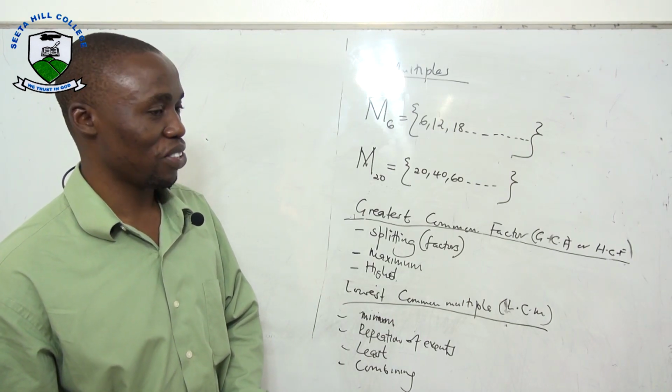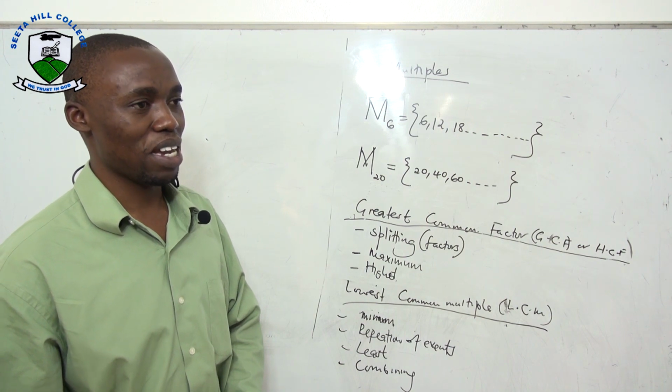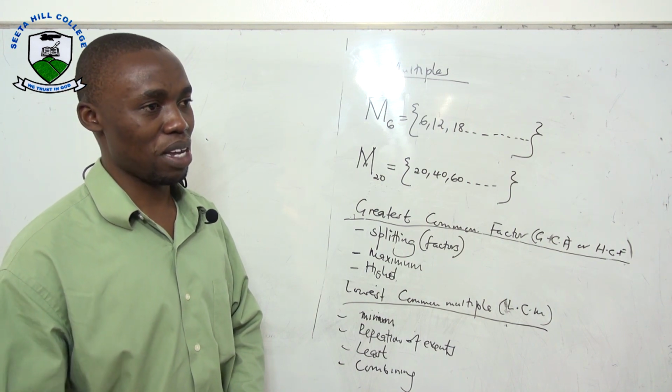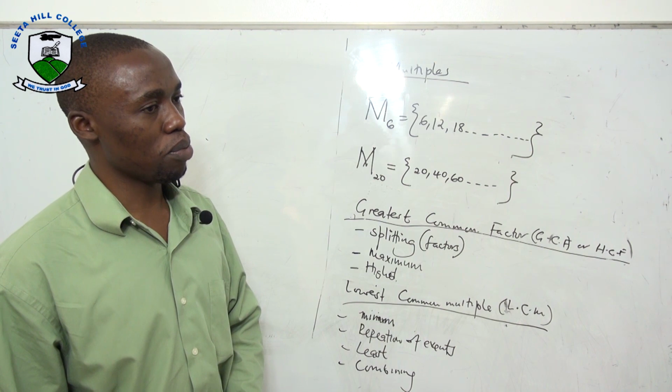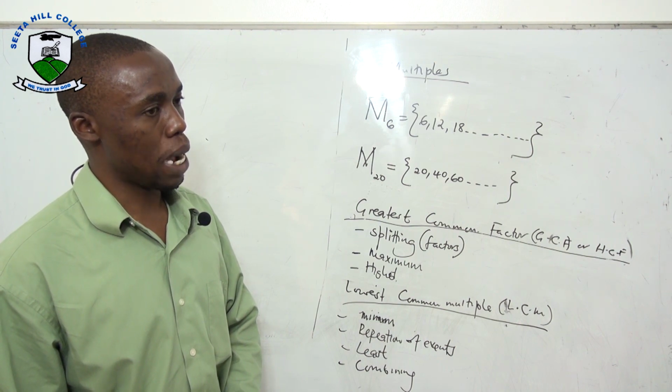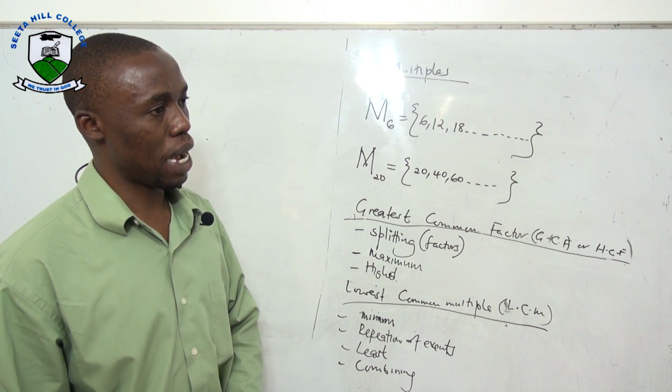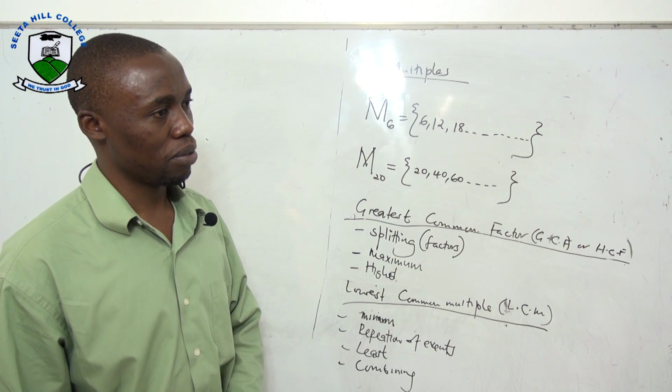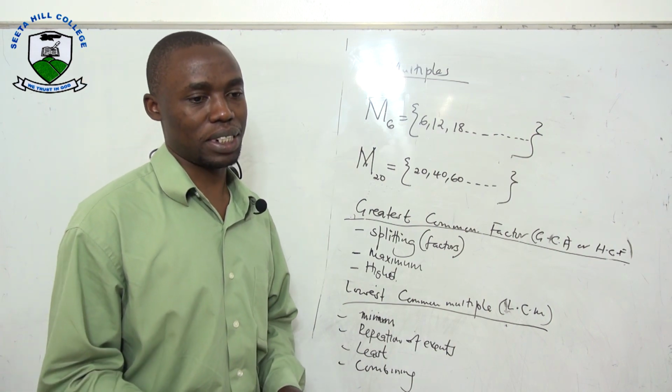Now the question is going to be find the LCM, then I'm going to give you the word problems. You promised me 2 methods per LCM and per HCF. So, yeah, that's very correct.